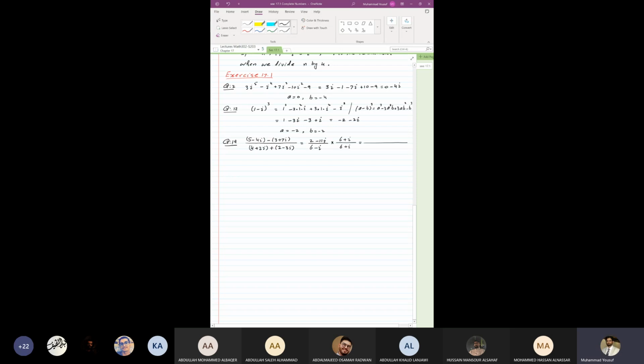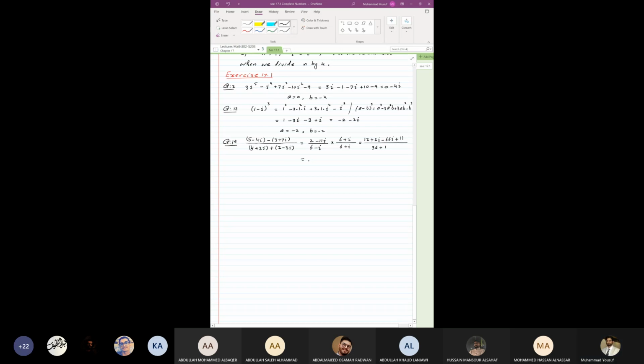In the denominator, it is a number multiplied by its conjugate. So it is 6 square, that is 36, plus 1 square, that is 1. In the numerator, it is 12 plus 2i minus 66i minus 11 i square, so plus 11.